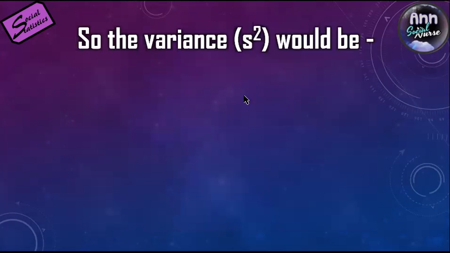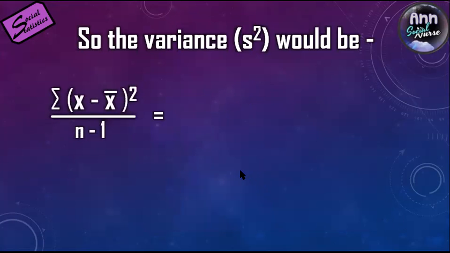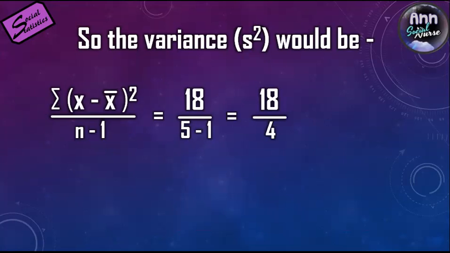So the variance, when you plug into the given formula, is 18, all of this from the table, divided by 5 minus 1. 5, that's the sample size that we have. So 18 divided by 4, we have 4.5.